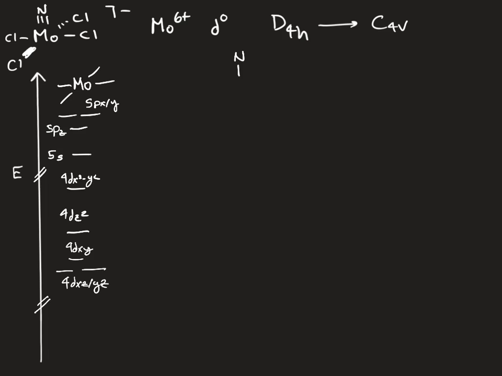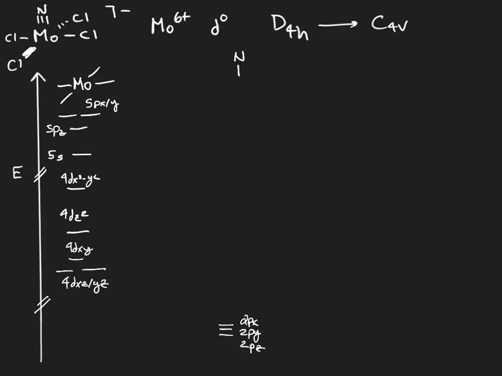On this side, we're only going to consider the nitrogen 2p orbitals. The 2s is too low to effectively overlap with the atomic orbitals of the molybdenum, so it's going to come across as essentially non-bonding. So we have our 2px, 2py, and 2pz.